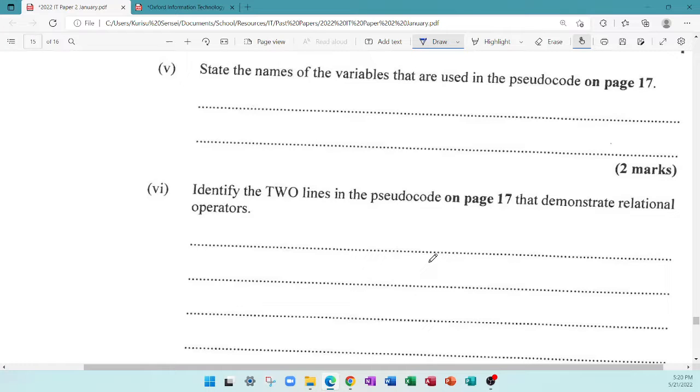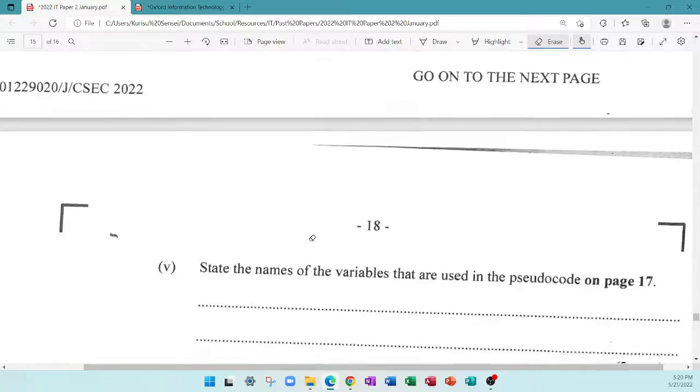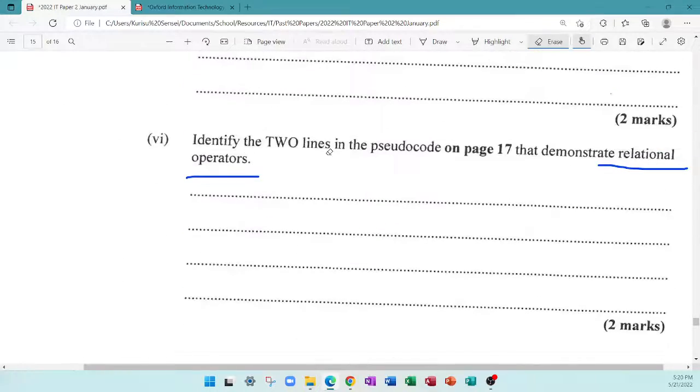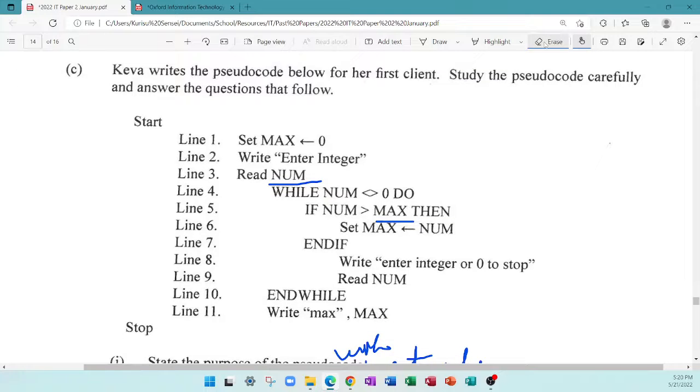Next question. Identify the two lines in the pseudocode on page 17 that demonstrates a relational operator. Which line? Is it two lines? How many lines does it say? Identify two lines. Which two lines have relational operators?